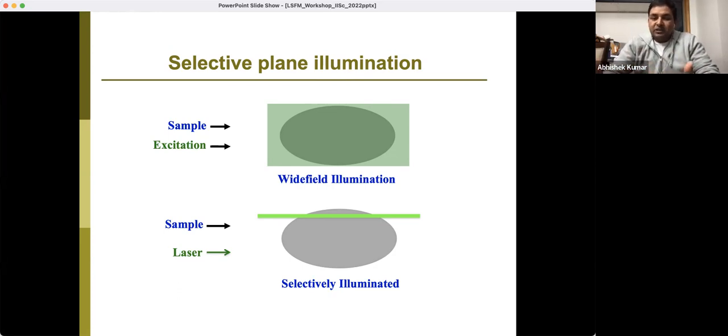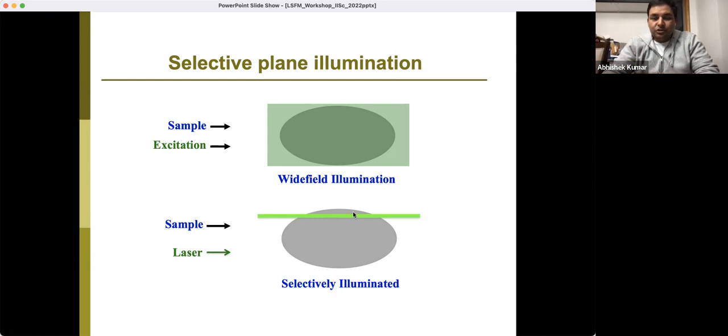That's the whole idea of selective plane or light sheet microscopy: to illuminate your sample selectively in a plane, so you can control where you illuminate and collect emitted photons from that specific layer to build a three-dimensional image.